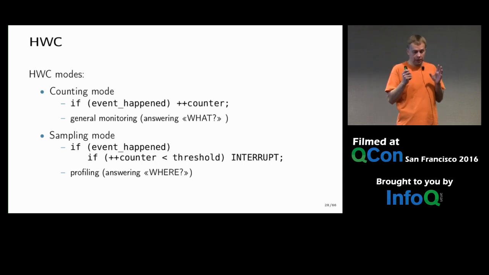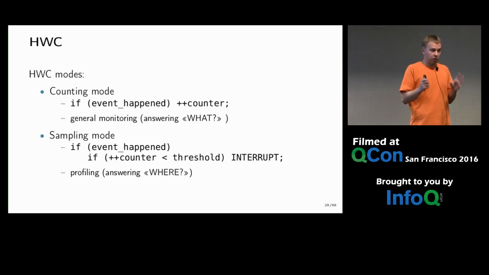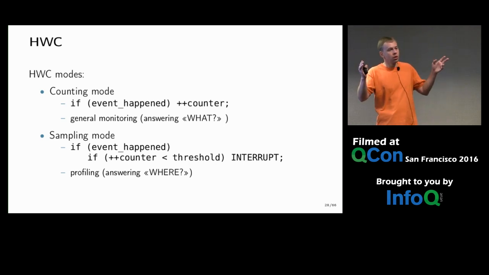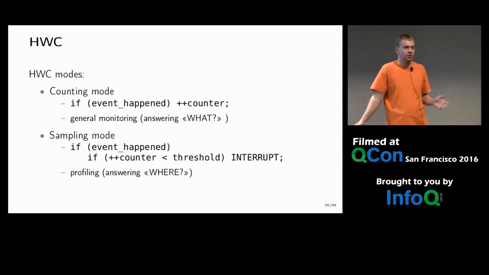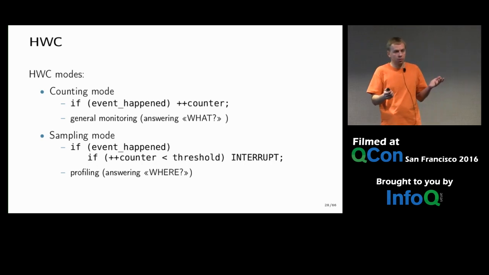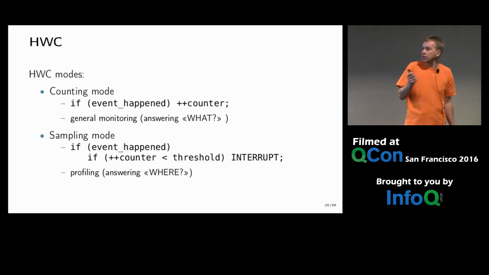And how do we work with that? Usually counters are intentionally designed to work in 2 modes. Counting mode: just execute our application, count events, and get the results at the end of the application, or during a selected period of time. But the most interesting thing is that all counters can be executed in sampling mode.